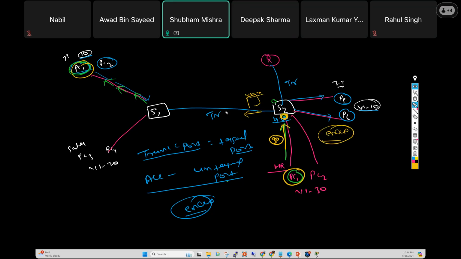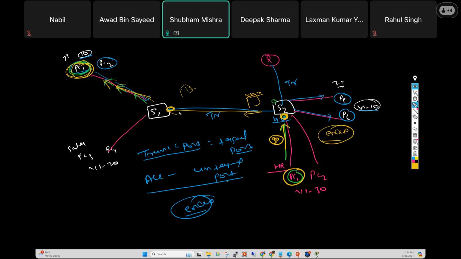And when this packet reaches this switch, what will the switch do? It will first open your packet and check the tag. Once it finds the tag, it will remove the tag first and forward the original packet towards here. It means this PC received the original packet, not the tagged packet. On this interface, the switch removes the tag, and after removing the tag, forwards the packet towards PC number 1.